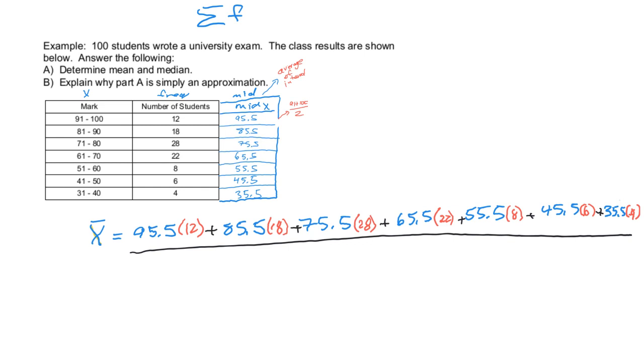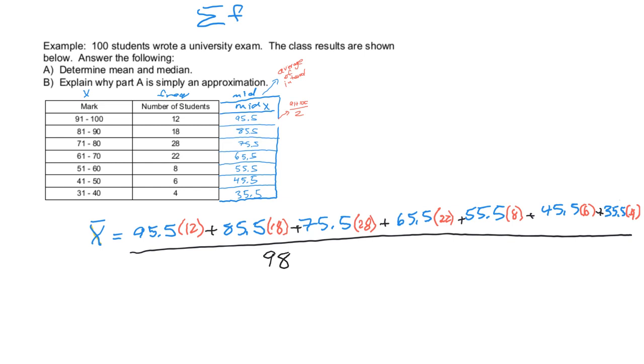Now, sometimes the questions are misleading. They deliberately tell you that there are 100 students, but if you add up the frequencies in our frequency table, you'll notice that the total here is 98. So we have to divide by 98 in our calculation.